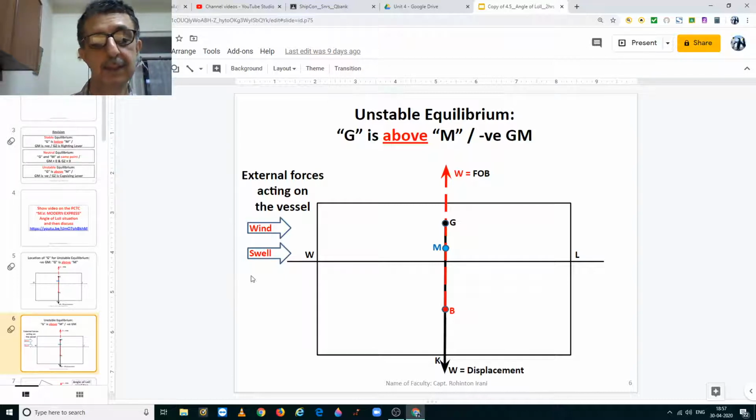So without these external forces, an unstable ship will continue to be in an upright condition. It's only when an external force acts upon her that the ship goes into an angle of loll condition.